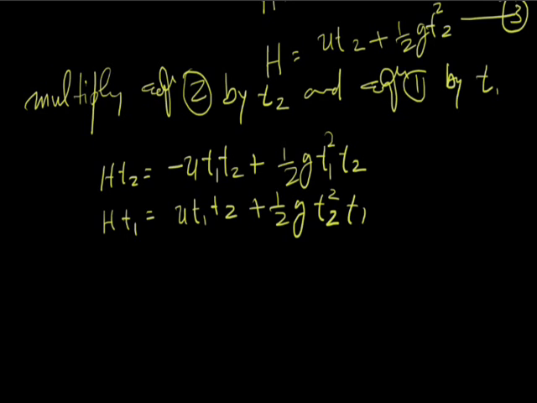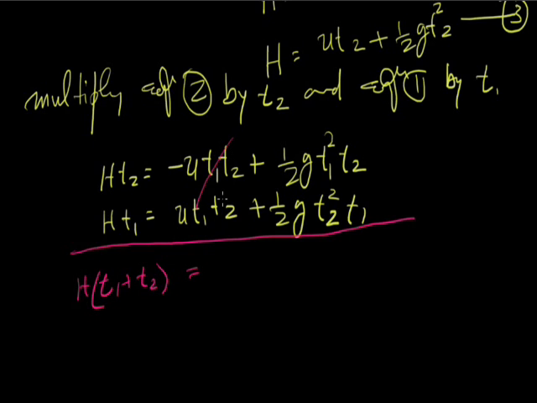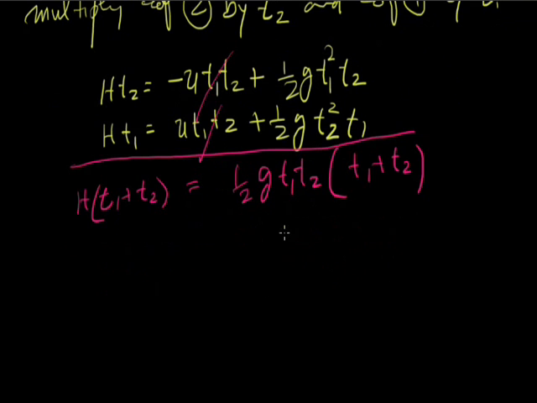On adding these two equations, h into t1 plus t2 is equal to half g t1 t2 into t1 plus t2.